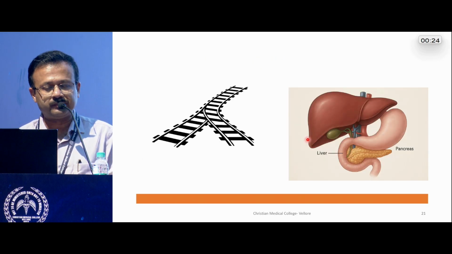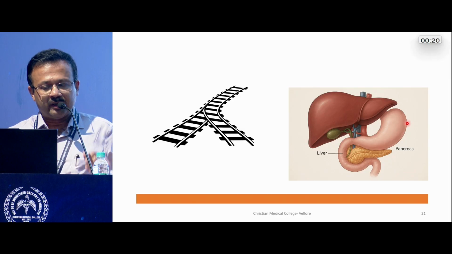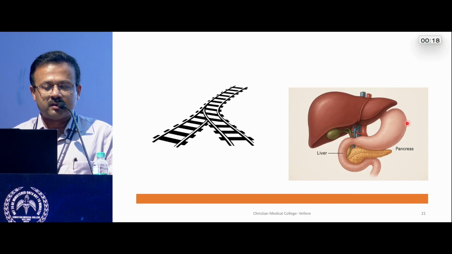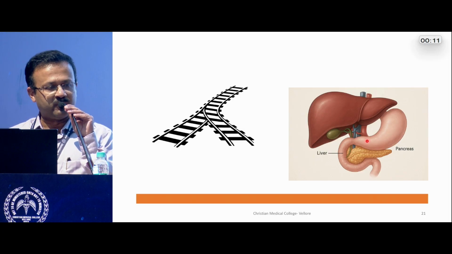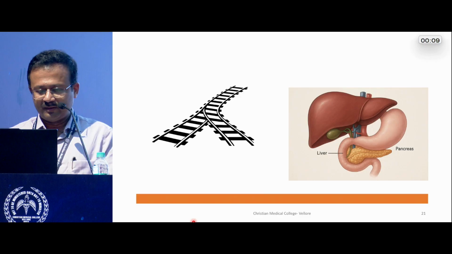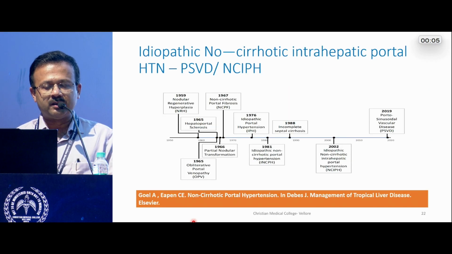Now I'm going to change track, and I'm going to look at an organ which is a sort of conical organ next to the pancreas. For people who have forgotten, it's the liver. And I'm going to look at a disease which is a bit closer to my heart: non-cirrhotic intrahepatic portal hypertension.